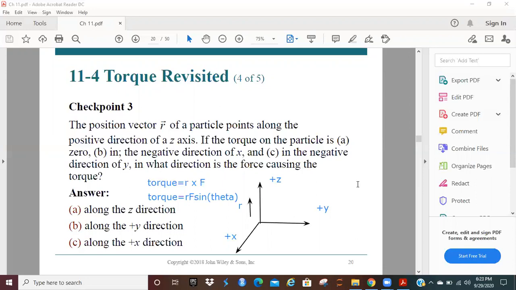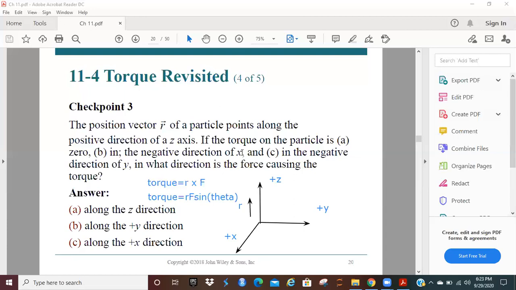And the only way the sine of an angle is going to be 0 is if that angle itself is 0 or if it's 180. So in that particular case, your force is going to be either along the positive z-axis or the negative z-axis. One of those two.